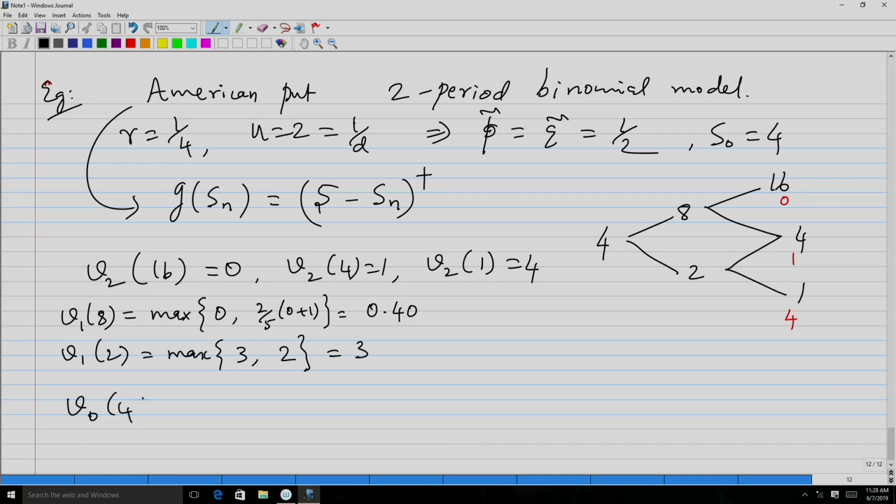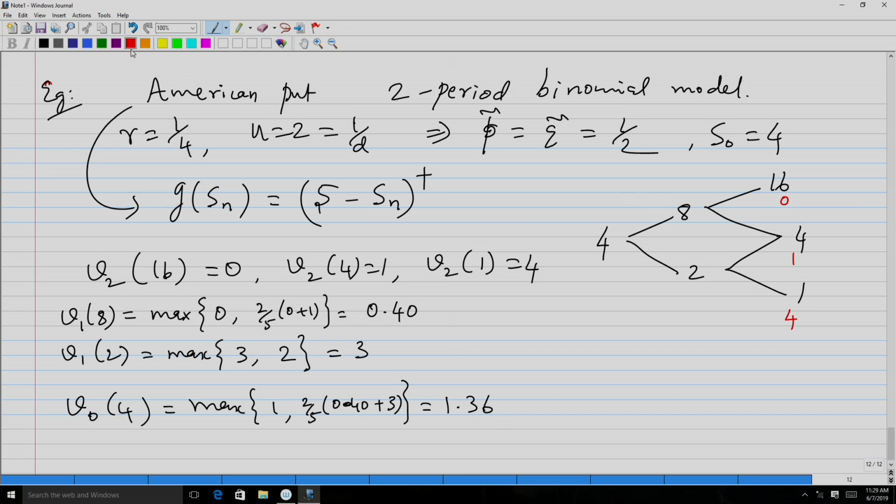So, V naught at 4, which is the time 0 price, will be the maximum of 1 and the discounted value, 2 by 5 into 0.40 plus 3, which is equal to 1.36.